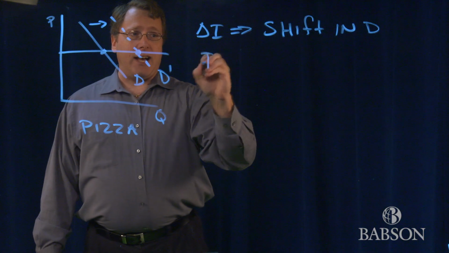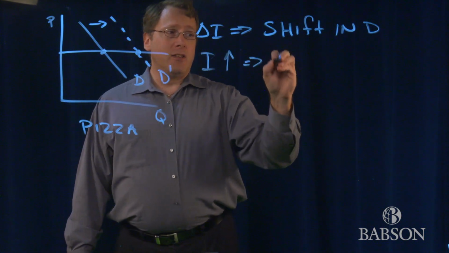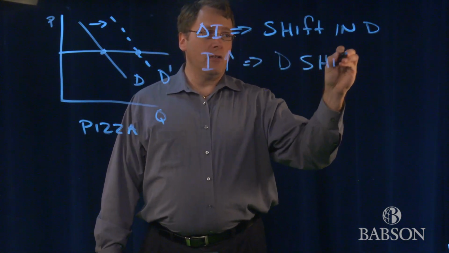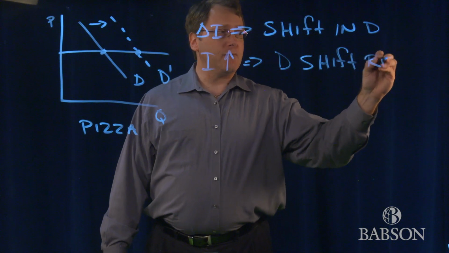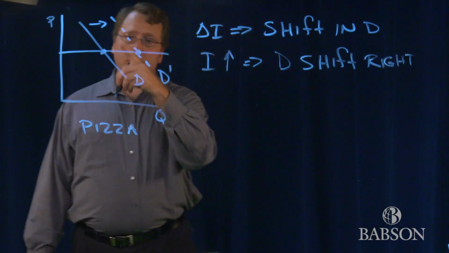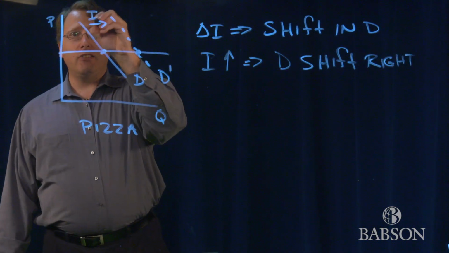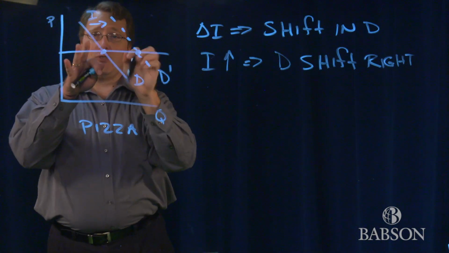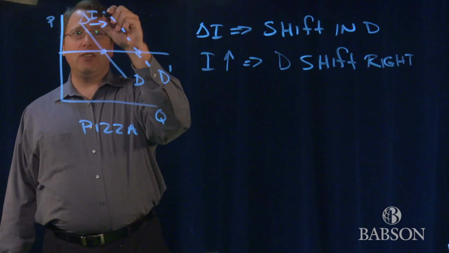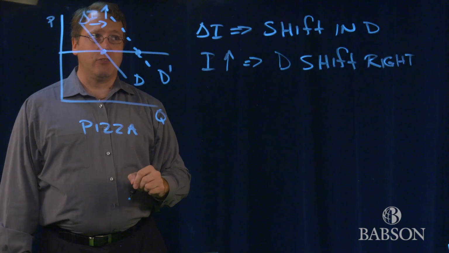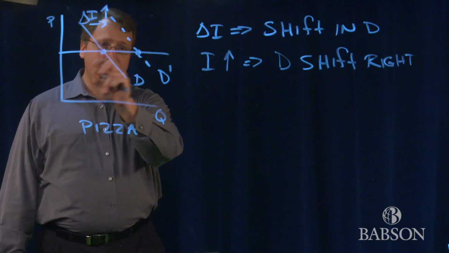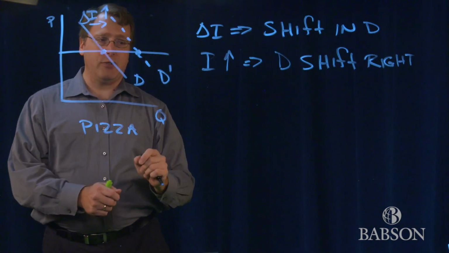And in this case, as income rises, demand will shift right. And so this is what we're looking at. Here, what's causing this change to happen is a change in income, and it's specifically increasing. So as that increases, it pushes the demand curve over.